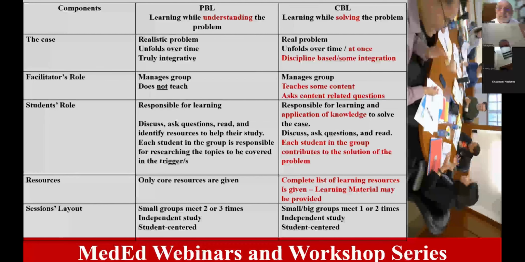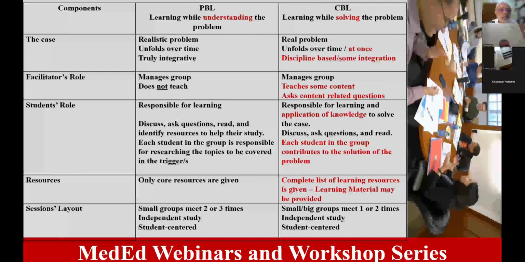Whereas in case-based learning, of course, the facilitator has to manage the group, but they contribute in teaching, teach some content, and they can ask questions related to the content. So here, in CBL, the facilitator has a more active role.